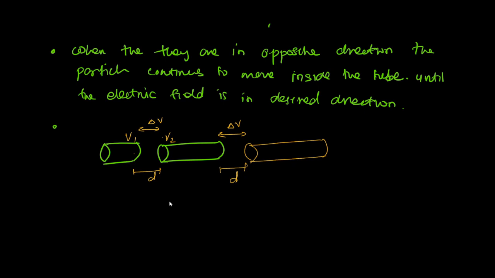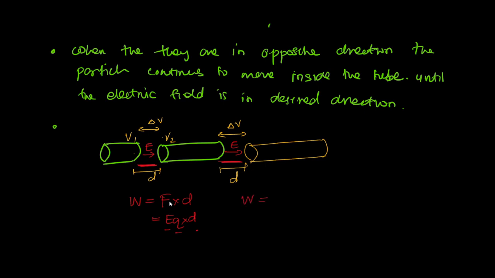So the electric field strength is also the same. Now we know that work done is force into distance, and here the force is EQ into D. So the work done between each and every gap is the same.